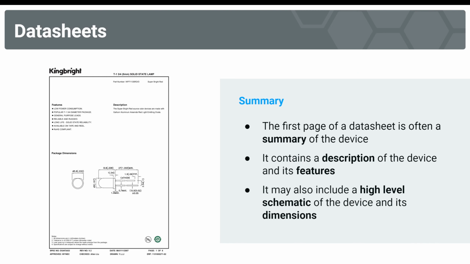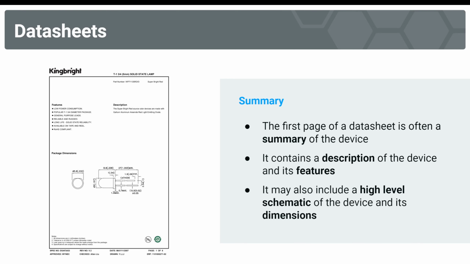All right, the summary. So on the left, we have an example of a LED data sheet. And on the first page, it has just a short description of its main features. That's low power consumption. It has general purpose leads. And it also has a description of the LED. It's a red LED. And of course, it's a light emitting diode. And then it also happens to feature dimensions of the component.